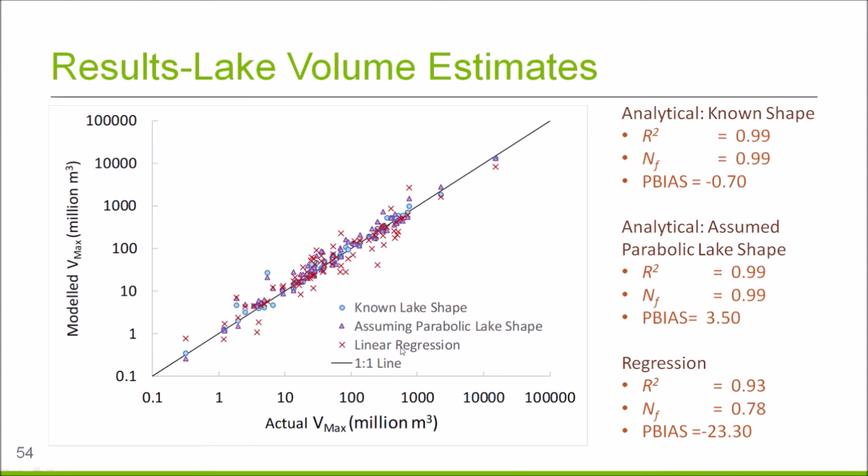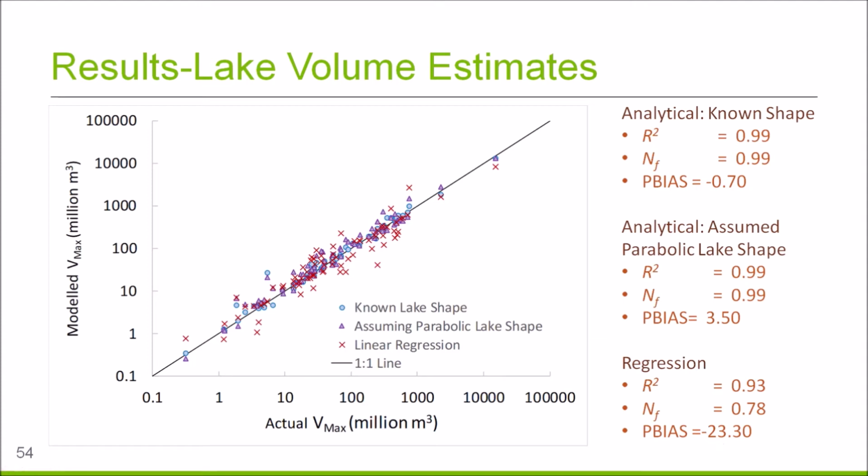And then the last option is the linear regression that I showed in the previous slide. This is where you have no information at all. You only have the surface area of a lake, so you apply those equations to estimate volume, and those are shown by these cross points, right? As you can see, because now you are relying on only one piece of information, your uncertainty is definitely quite a bit higher, so you have a very high percent bias.